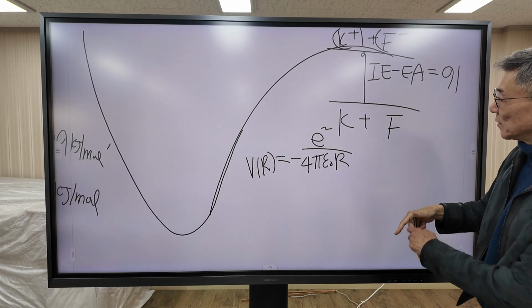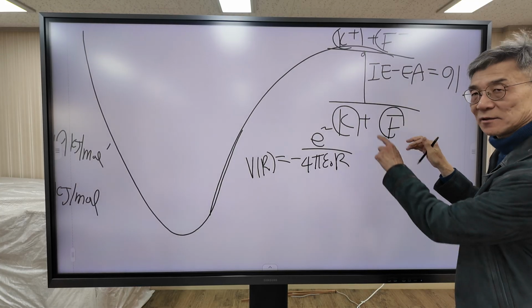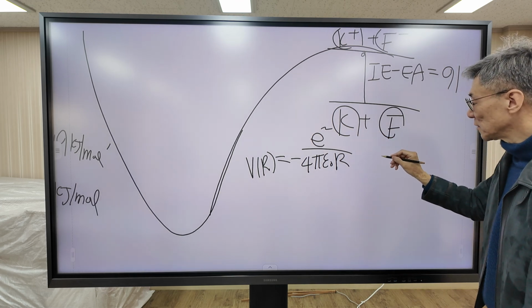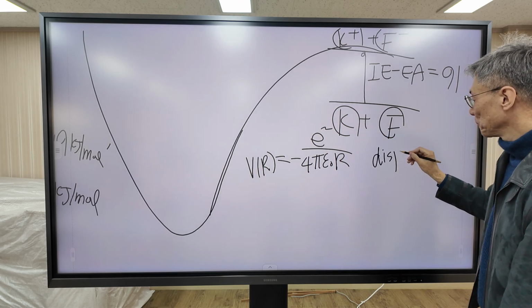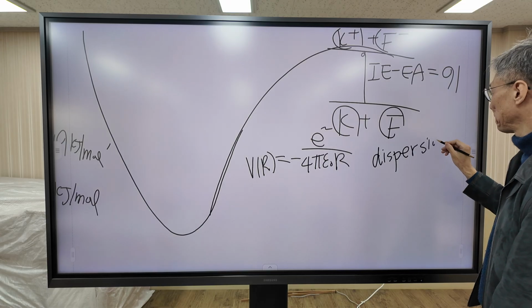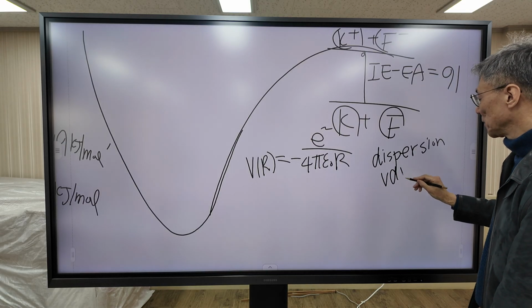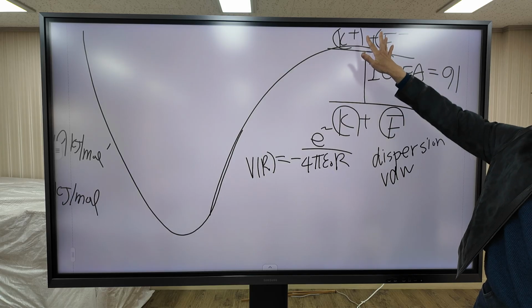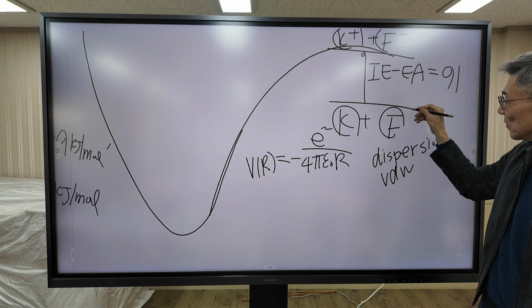Similarly, this is the neutral atom. There is also a force between two neutral atoms. The force is called the dispersion force, or Van der Waals force. The Van der Waals force is much smaller than the ionic force, so the potential energy is almost flat.